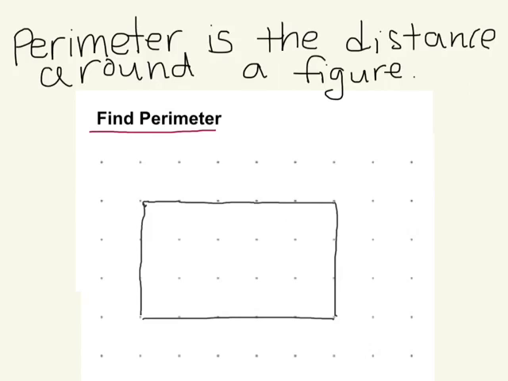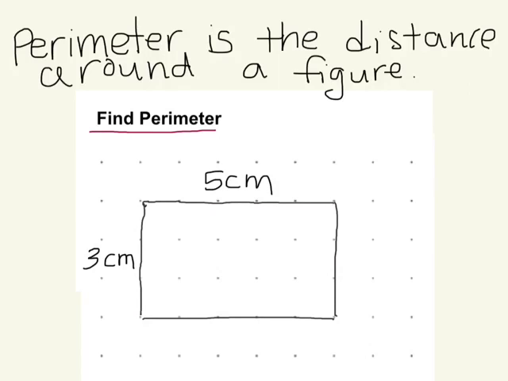Our figure today is this rectangle that we drew by connecting the dots on our centimeter paper or on your centimeter whiteboard. And let's go back and label our sides. We know that this first line was 3 centimeters. We know here we have 1, 2, 3, 4, 5 centimeters.